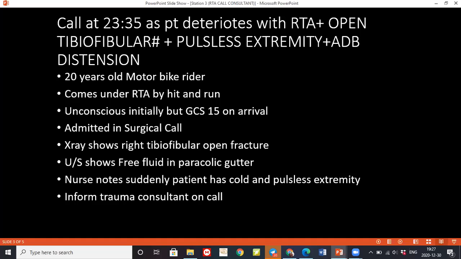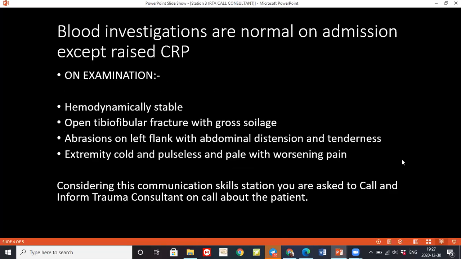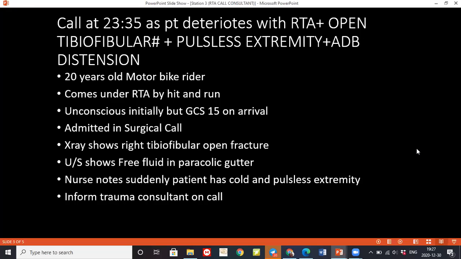What is the most urgent thing for this patient? There is also some abrasion on the left side, but keeping all these things in view, there is an open fracture for which I have to call the orthopedic surgeons to fix it.